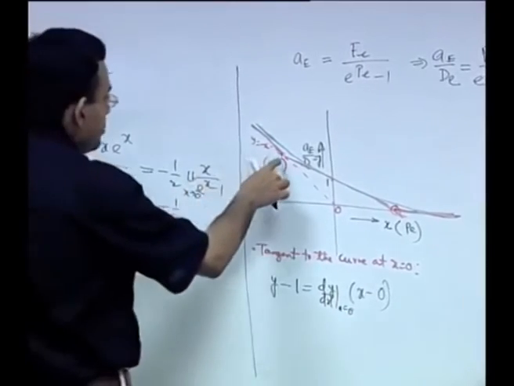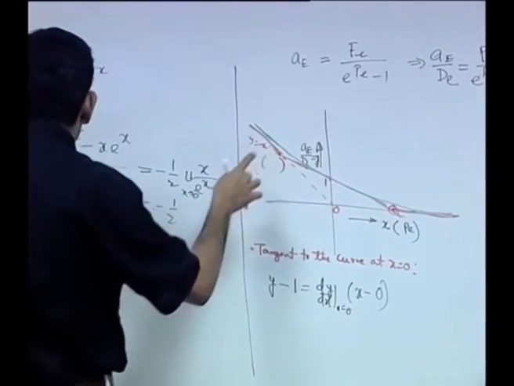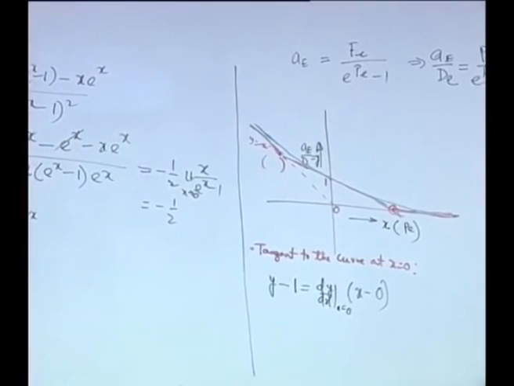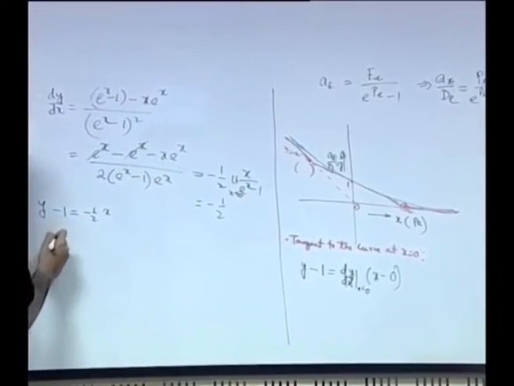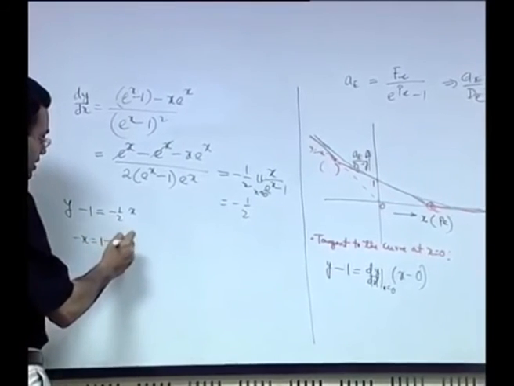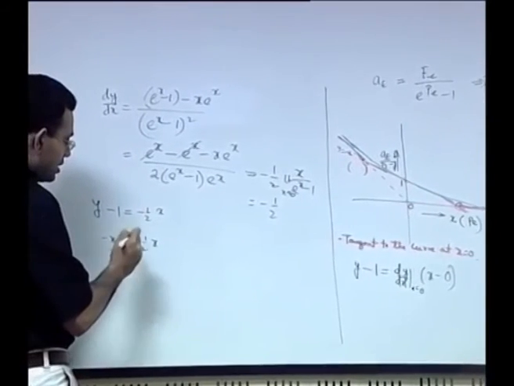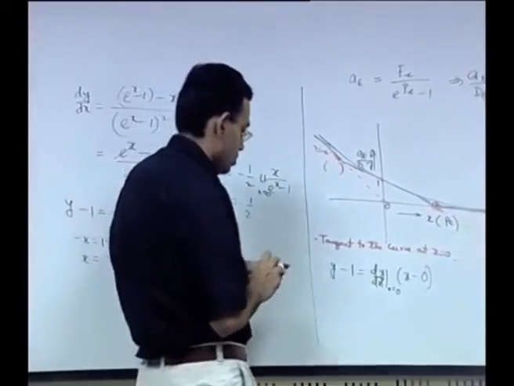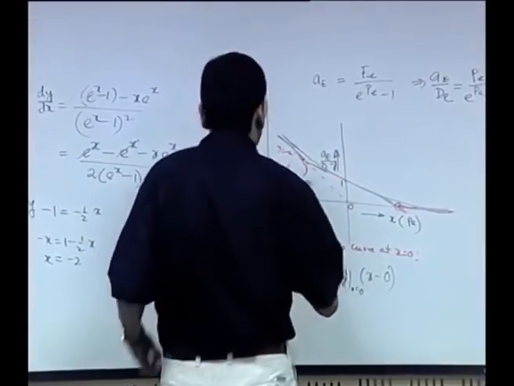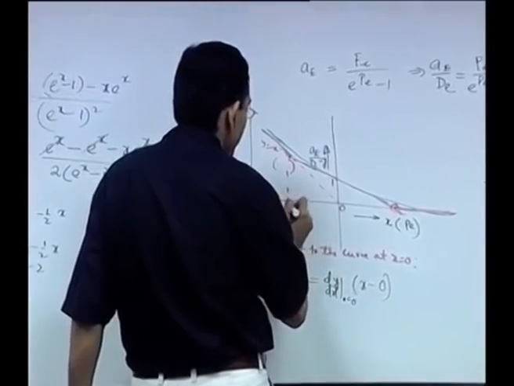So, this point is the intersection of y equal to minus x with y equal to 1 minus half x. So, minus x equal to 1 minus half x, that means x equal to minus 2. So, this point corresponds to x equal to minus 2.